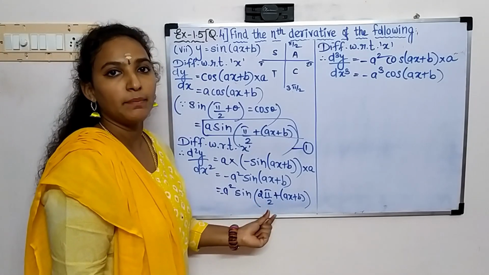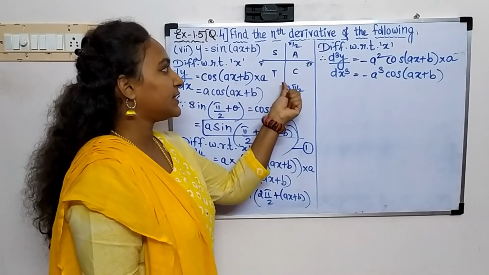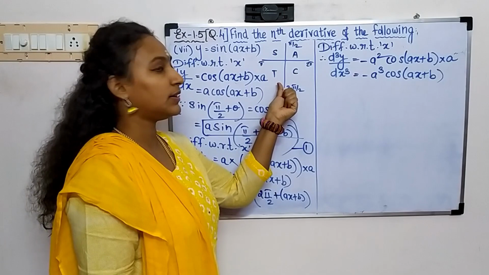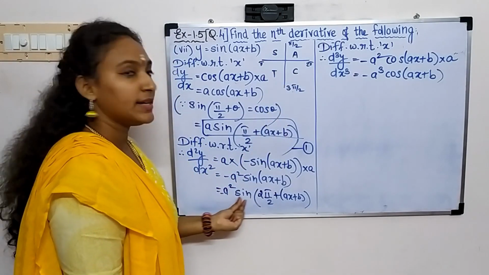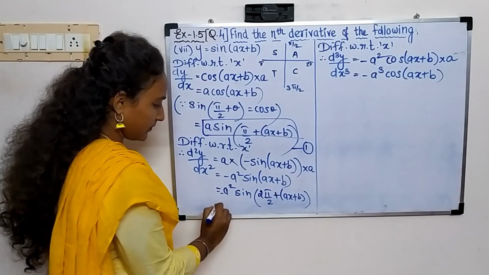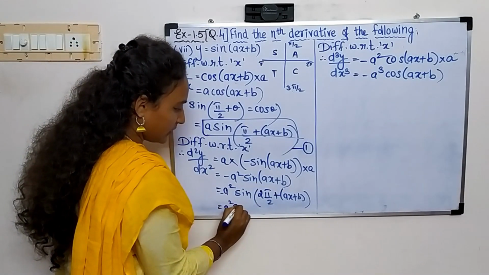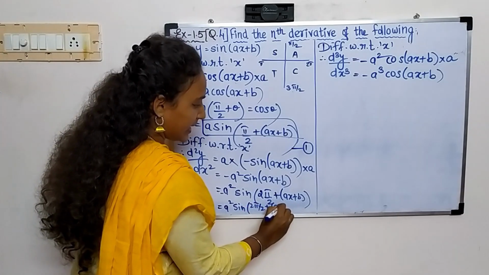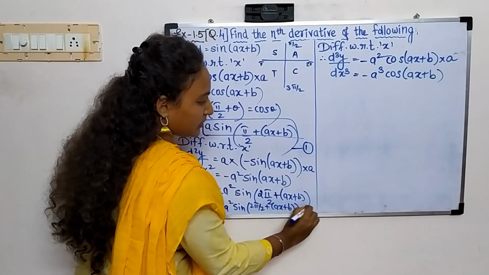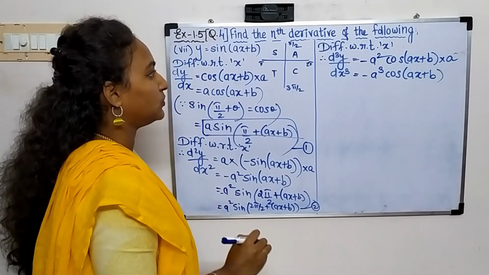We know that 2 pi by 2 is pi. Pi is your third quadrant. In third quadrant, sign is negative. So minus into minus will become positive. So this is a square sine 2 pi by 2 plus ax plus b. This is equation number 2.